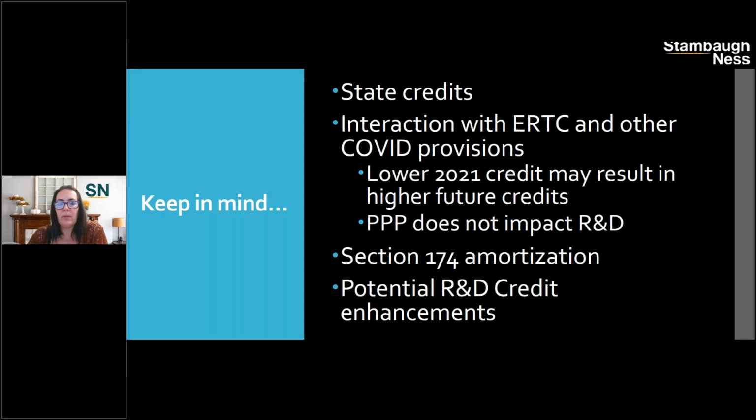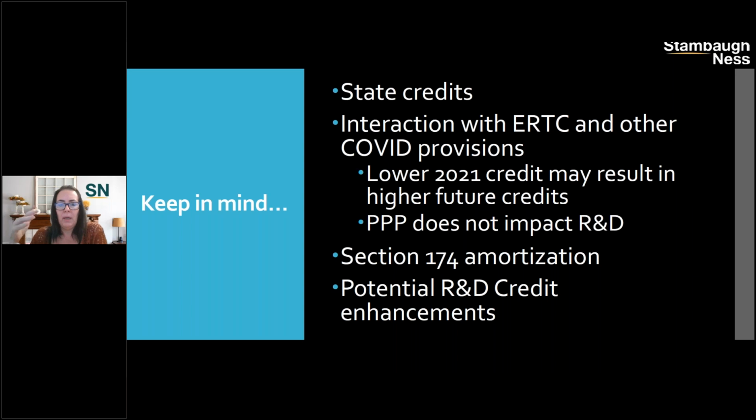So proposals, even way back to Trump's Tax Cuts and Jobs Act, put something into place saying that starting in 2022, we would have to amortize R&D costs over 5 years. So any of the costs utilized in the calculation of the credit would have to be amortized over 5 years, not currently deducted, only the 1 year. But I believe it keeps going back and forth, but talks are that it might be pushed out.